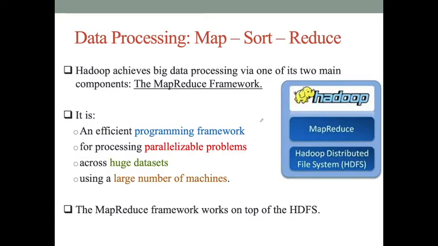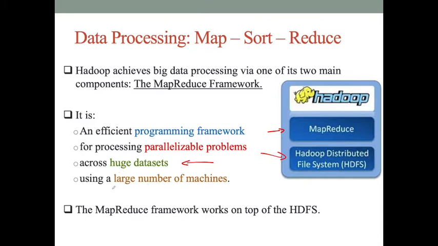Basically, this is what we have been seeing so far. We have again the Hadoop distributed file system, and we will be covering the MapReduce framework. In particular, remember that we want to focus our attention on huge data sets. We are talking about individual files with, let's say, hundreds of gigabytes.